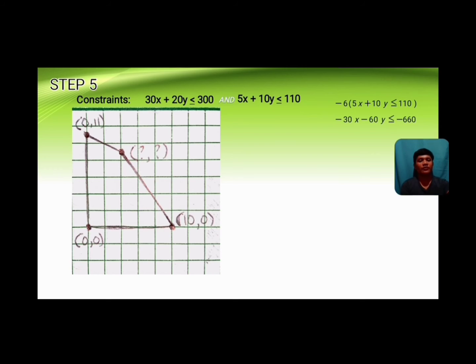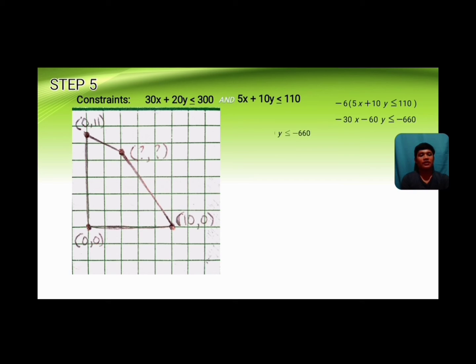In order to find the value of y, we have to make sure that the value of x in these two constraints will be cancelled out or will be equal to 0. So we use the second constraint, 5x + 10y ≤ 110, multiplied by -6, so that we can have -30x - 60y ≤ -660.